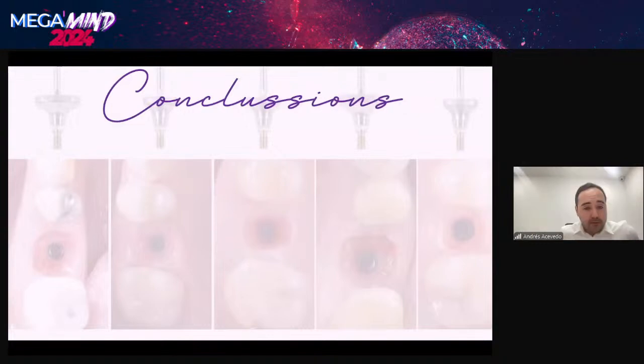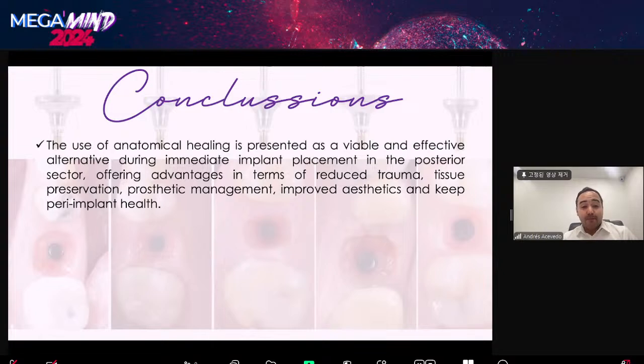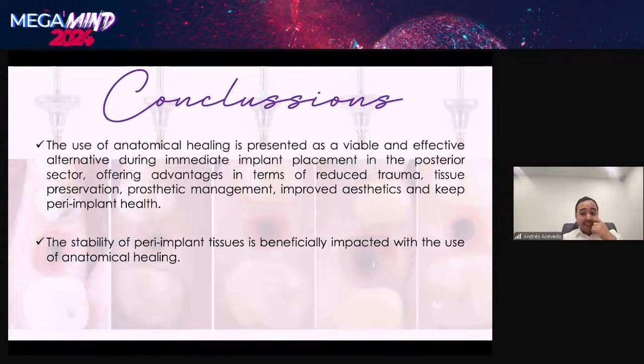To close, the conclusion: the use of anatomical healing abutments is presented as a viable and effective alternative during immediate implant placement in the posterior sector, offering advantages in terms of reduced trauma, tissue preservation, prosthetic measurement, improved aesthetics, and keeping peri-implant tissue healthy. The stability of peri-implant tissue is beneficially impacted with the use of anatomical healing abutments.